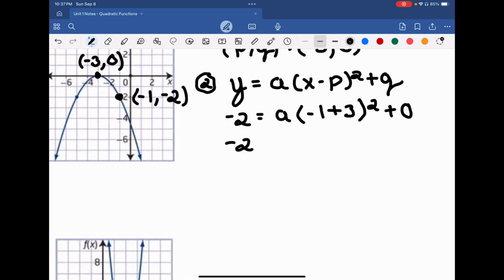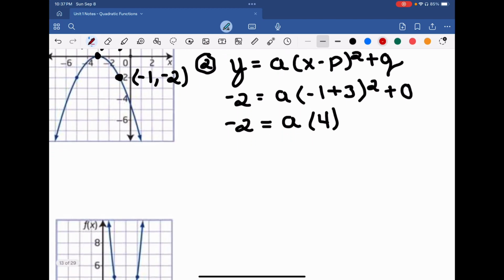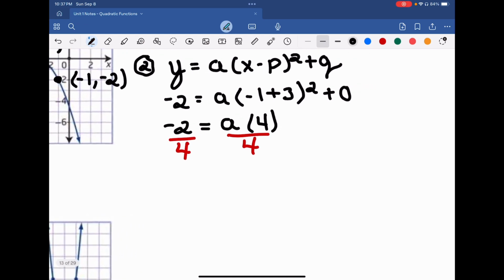I'm going to simplify. -2 equals a. In the brackets, it's -1 plus 3, which is 2. 2 squared is 4. And then we can just leave out the 0. Now I'm going to divide both sides by 4. This will give us an a value, when reduced, of -1/2, because 2 over 4 just reduces to 1/2.